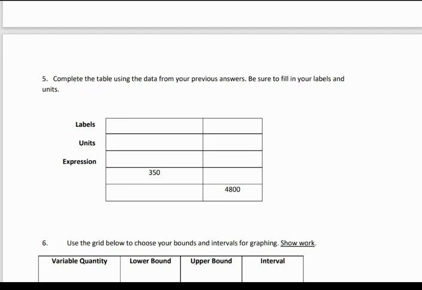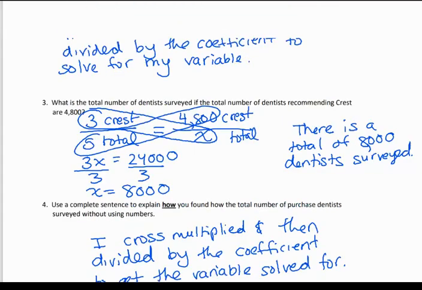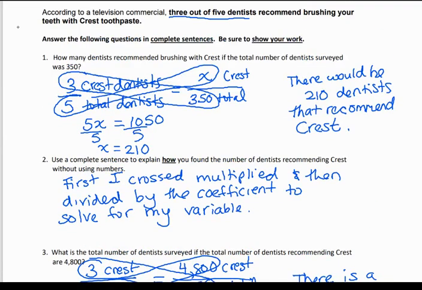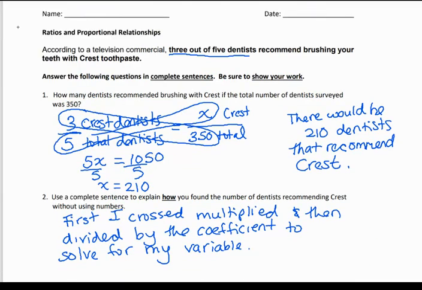There's a lot of things in front of you to look at. If I look at that table, there's already a number in there. In this first column, I see a 350. Do you see 350 in any of the problems that we already have done so far? Yeah, what problem? Number 1. And what did that 350 mean? Did it mean total dentists?